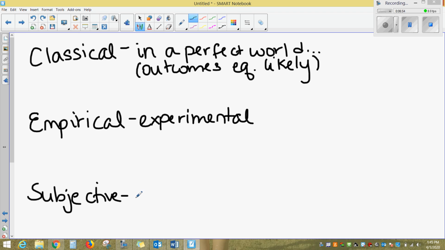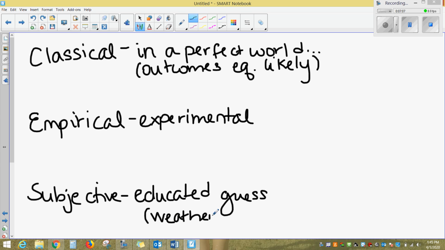Subjective probability is making an educated guess. The best example that I have of that type of probability is the weather. When they say there's an 80% chance of rain tomorrow, that of course has a lot more computer assistance now than it did even 10 years ago, but when I was growing up it was a whole lot more guesswork, and now it's very computerized with lots of algorithms.